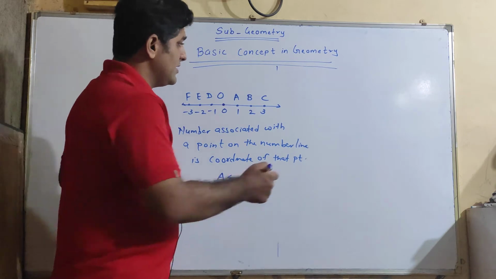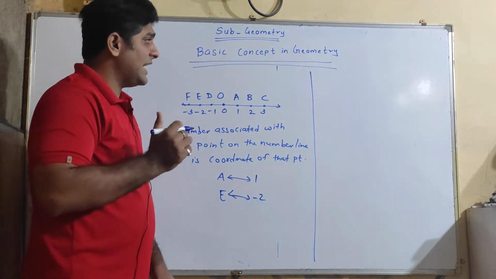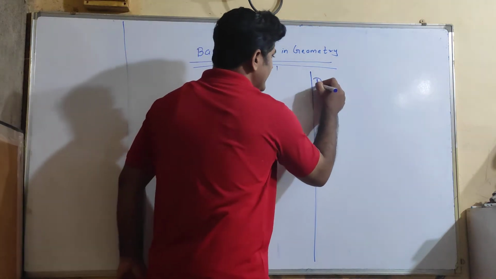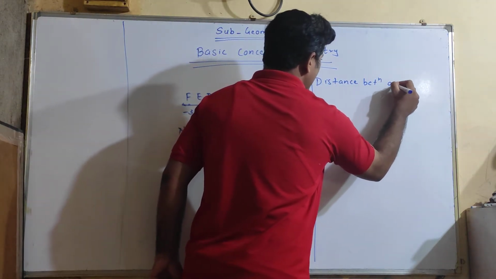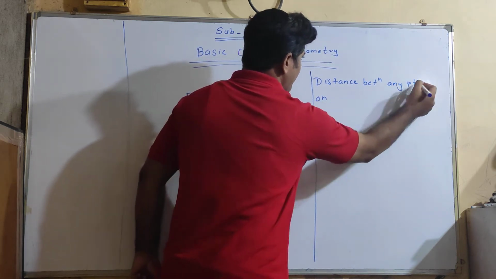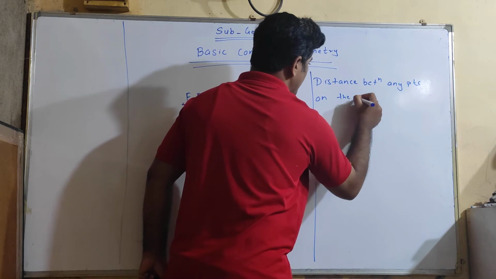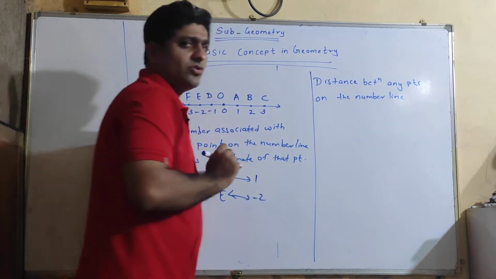After understanding the coordinate of the point, let's understand, students, how to find the distance between any two points on the number line. This is our next concept that we are going to understand.